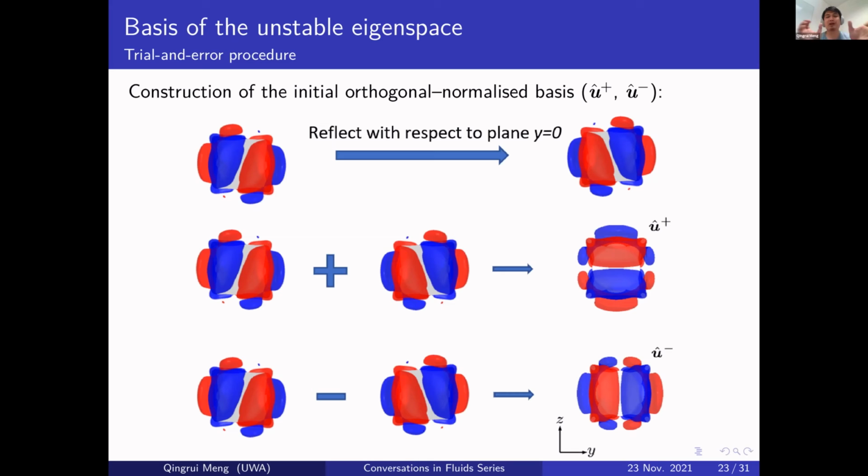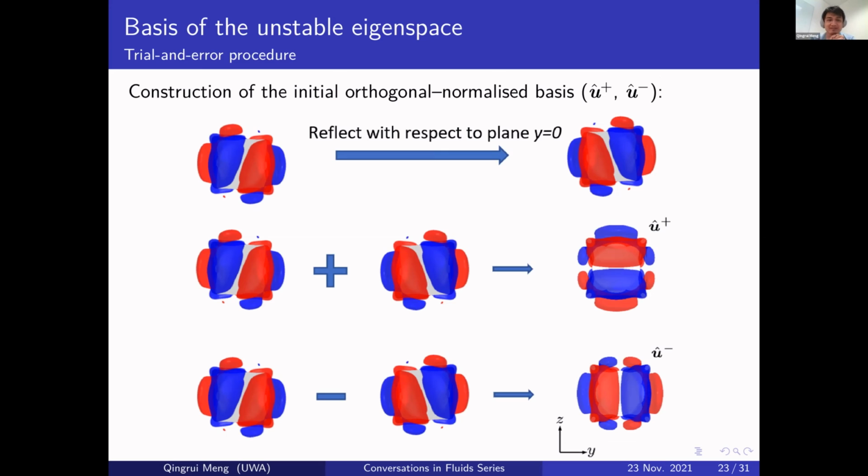If we add these two eigenfunctions, we obtain the one we marked as U plus, with two horizontal parallel opposite-sign vortex tubes.